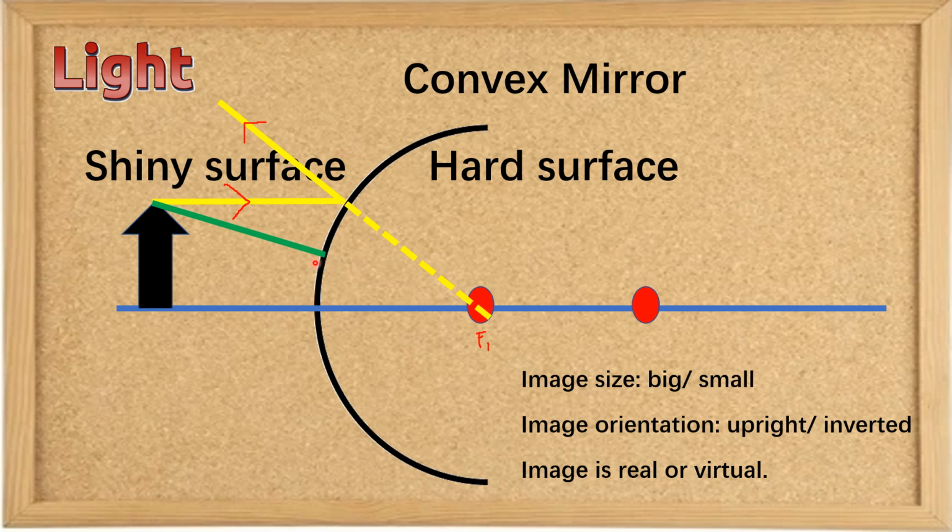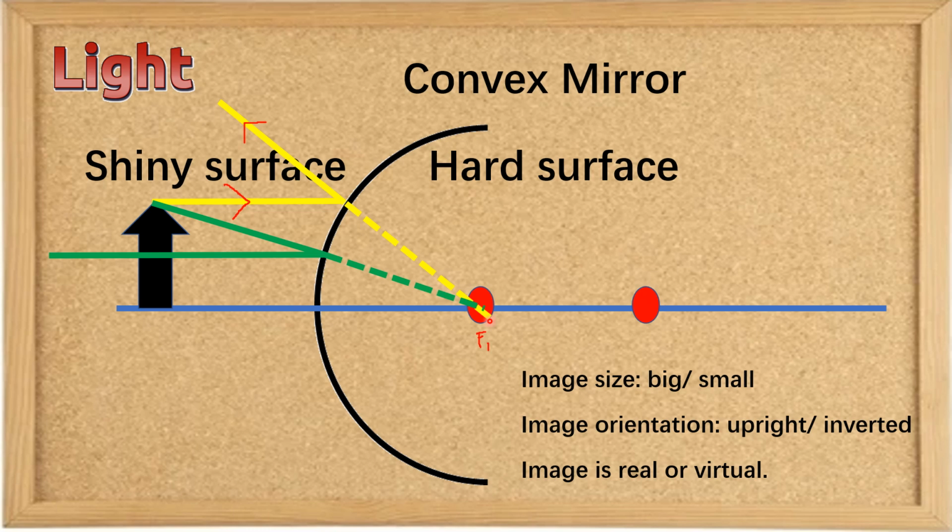But remember, this is a mirror, so the light will be reflected away, just like this one. As I've said, you're going to make an arrow that is pointing to your F1.